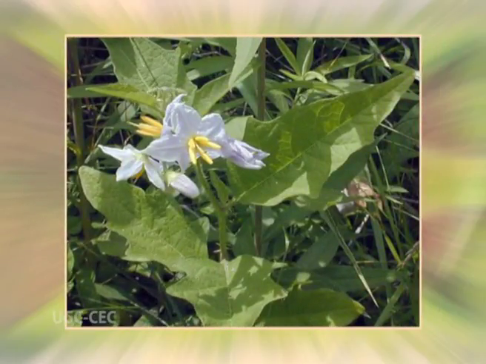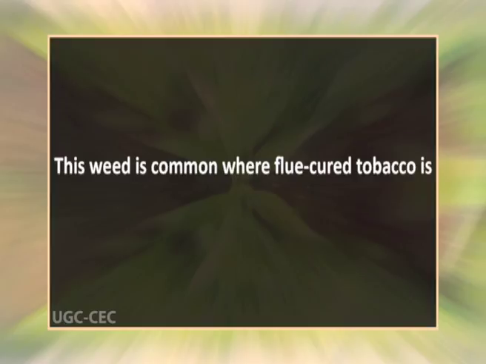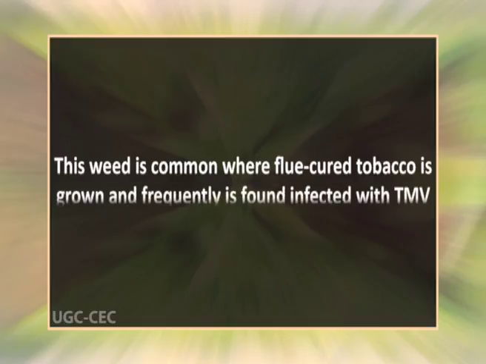Number 5. Weeds. A number of weeds are known to be hosts of tobacco mosaic virus, but horse nettle is the only one found thus far to be infected. This weed is common where flue-cured tobacco is grown and frequently is found infected with tobacco mosaic virus.